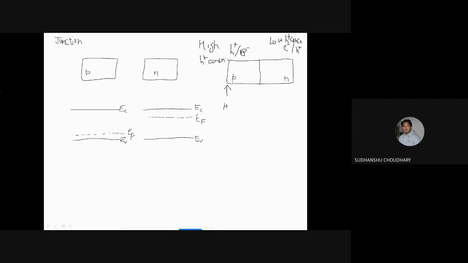So that means I have a concentration gradient in this device. The holes are more in this region and very few in this region.